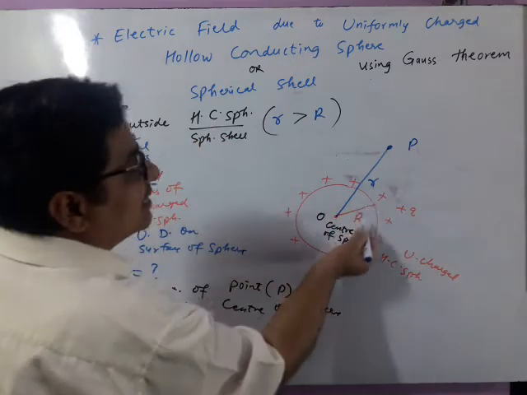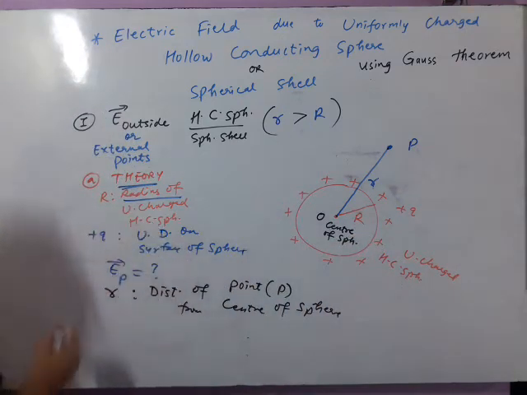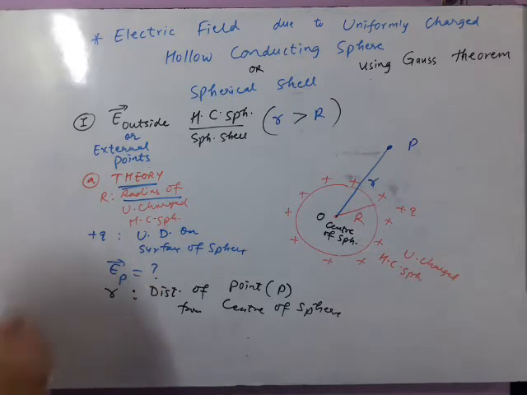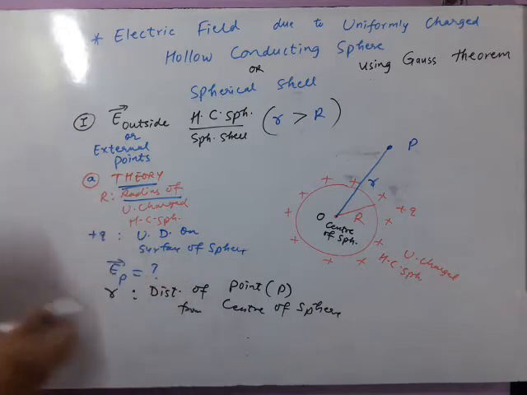So small r is greater than capital R, where capital R is the radius of the uniformly charged hollow conducting sphere. These are the considerations. A step means theory part: what we have considered, what we are finding.